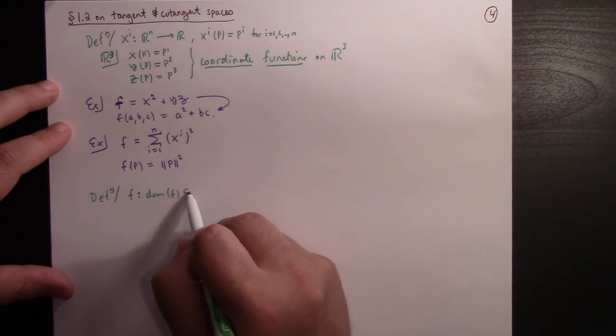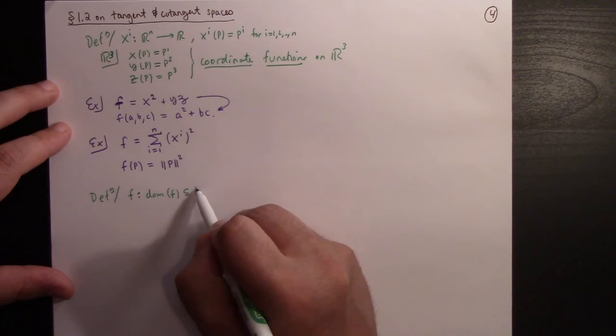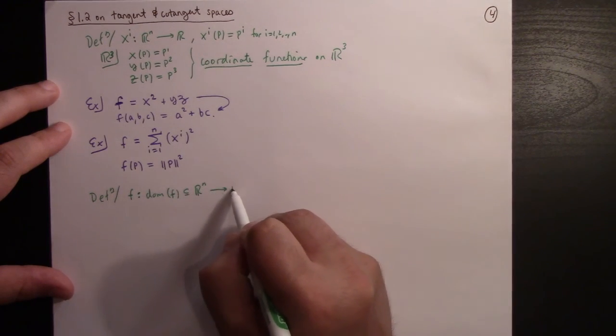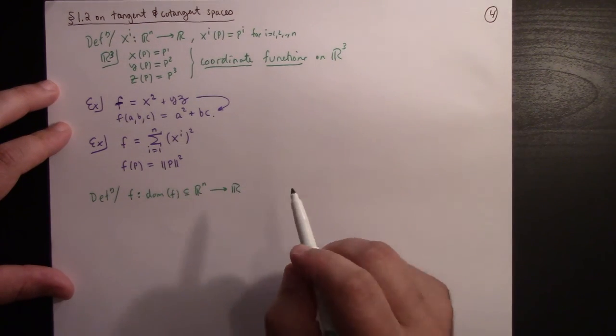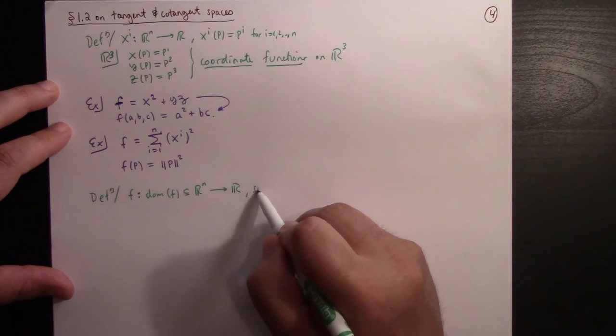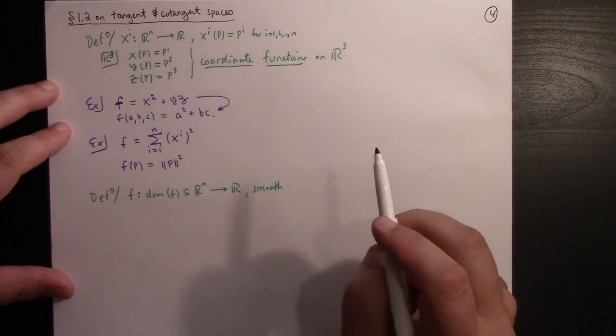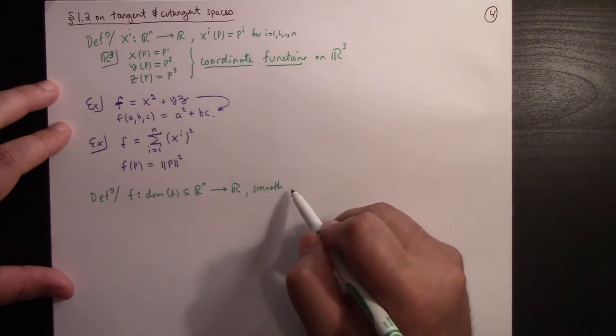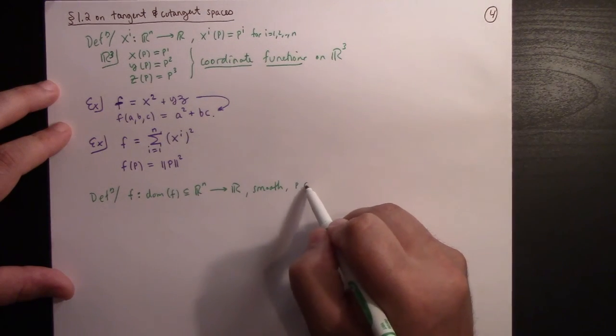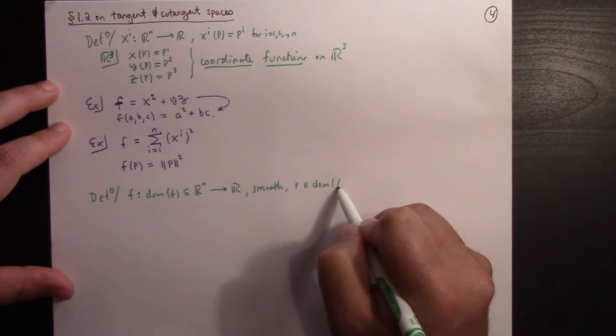The domain of f is some subset of, say, R^n. Real valued function, great. We're going to assume that the function's smooth. Probably only need first and maybe second derivative usually. Smooth, and suppose p is an element of the domain of the function.